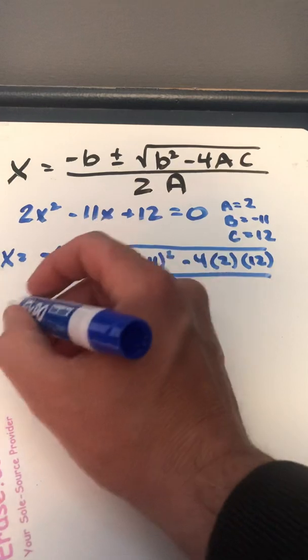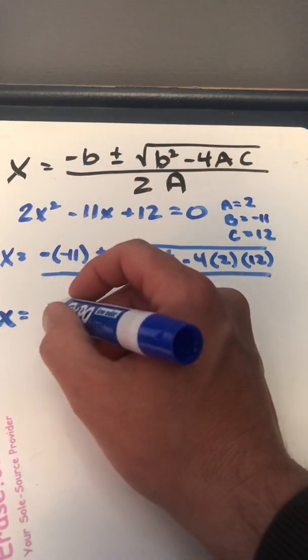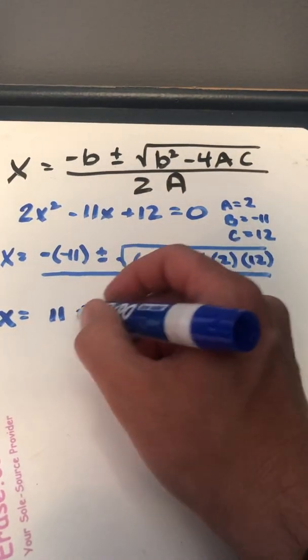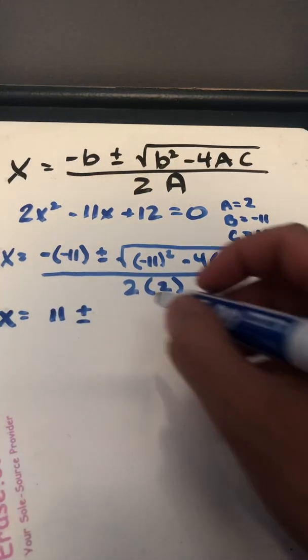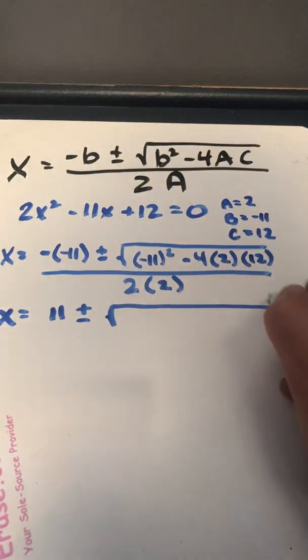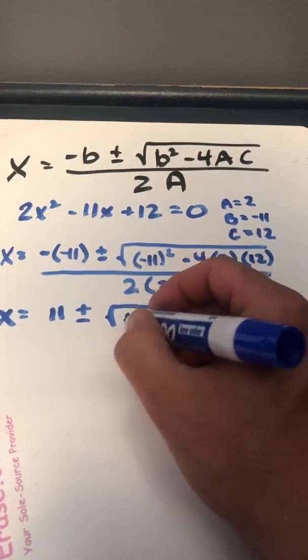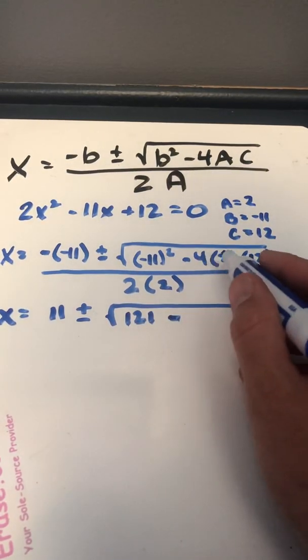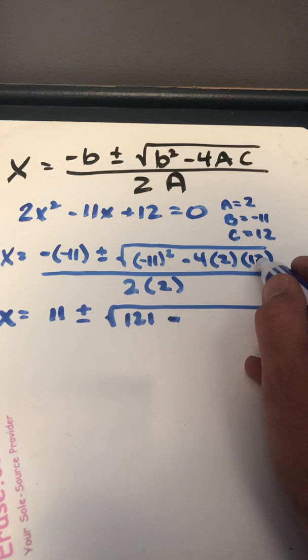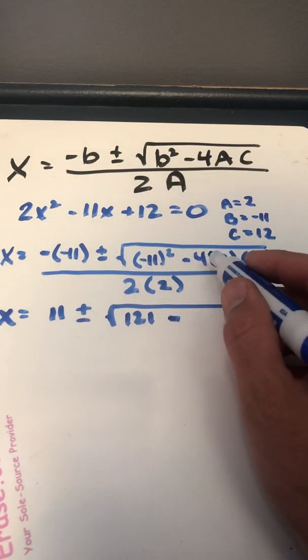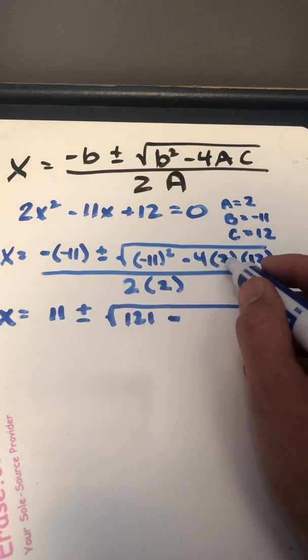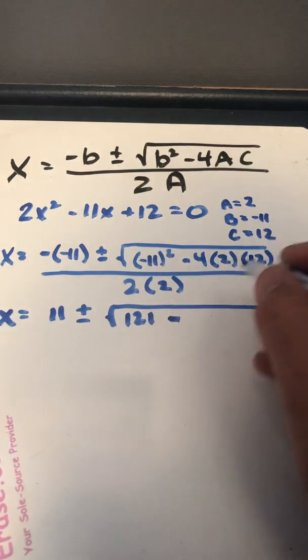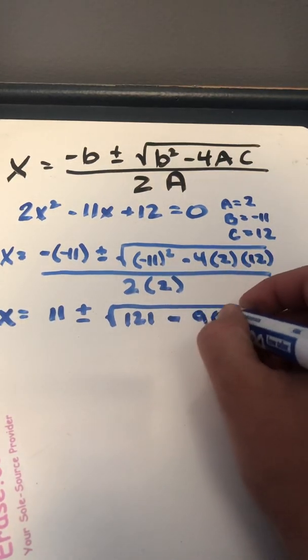Negative negative 11 is 11. So now it's x equals 11 plus or minus the square root of, well, negative 11 squared is 121 minus 4 times 2 times 12. 4 times 2 is 8, and 8 times 12 is 96.